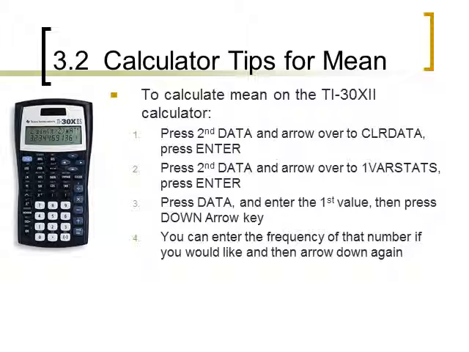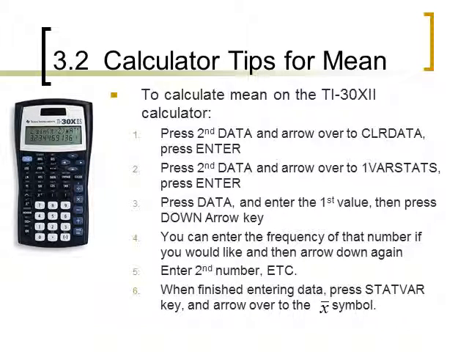So if you have a number that appears multiple times in your data, like maybe you have the number 5 that repeats 20 times, and you don't want to type that number in separately 20 times, you can just enter the frequency of 20 for that number. But most of the situations that we'll encounter, we don't need to do that. So just press down arrow until you get to X2, press the second number, press down twice until you get to X3, and so on.